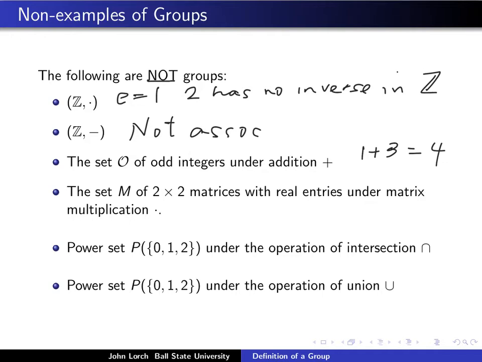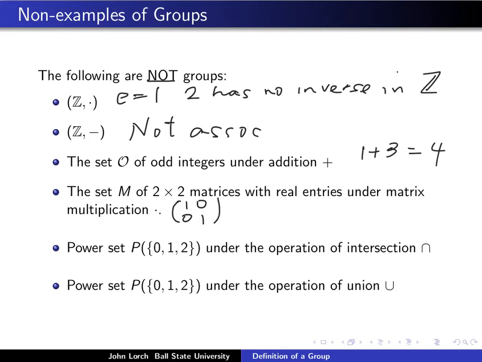Okay, moving on to the next example, we have this entire collection M of 2 by 2 matrices with real entries under matrix multiplication. Now here, if there were going to be an identity, it would have to be the identity matrix 1, 0, 0, 1.